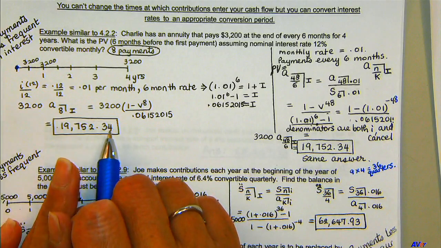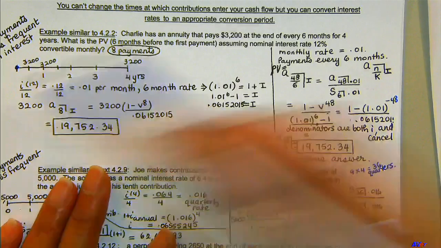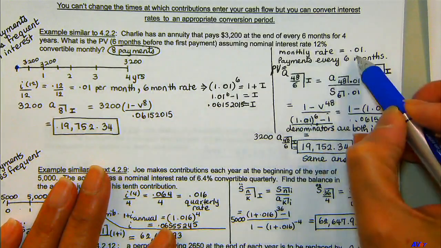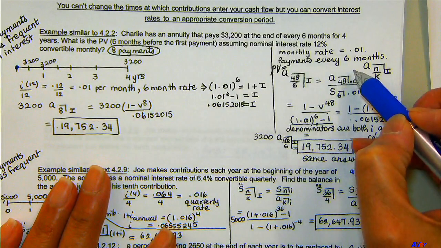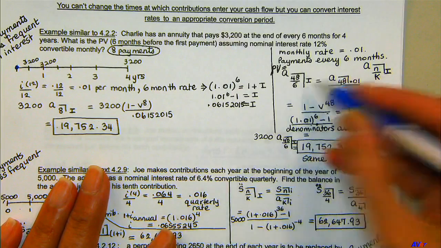Our new method says that interest is monthly, payments are every 6 months. So I'm using the formula for payments less frequent than interest is credited. So A angle N over KI.